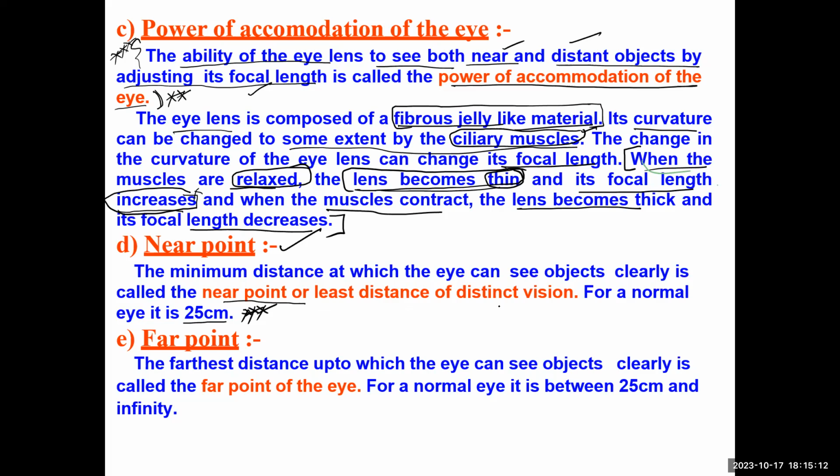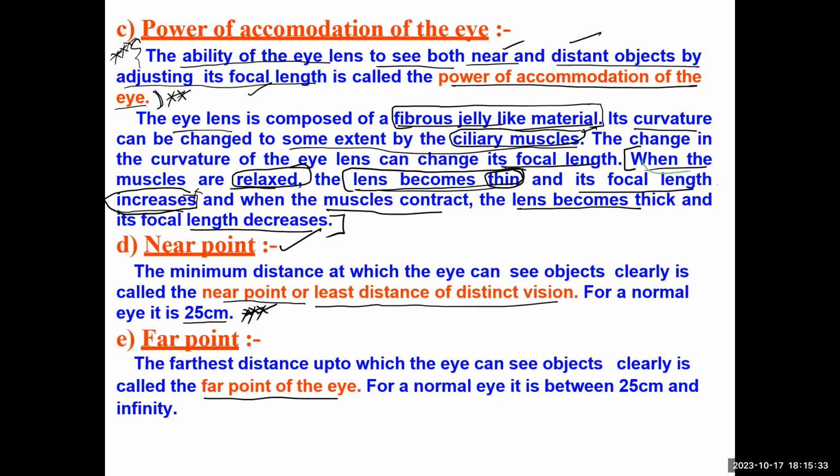Then let us see the far point. What is the far point? The farthest distance up to which I can see objects clearly is called the far point. See, we were talking about the near point. Near point means take an object and put it very close to your eye.